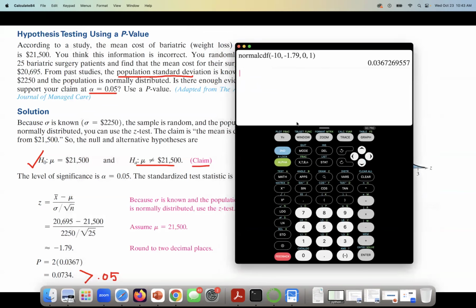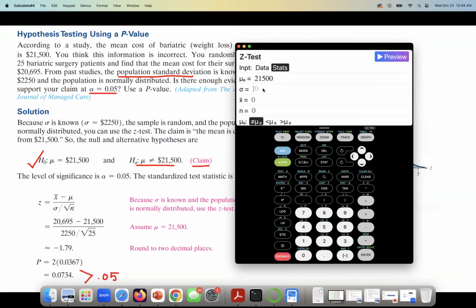Now let me show you how to use your calculator to basically run this test. Go to Stat, go to Tests, and use z-test. Since we don't have the actual data, we're going to use the statistics. The population mean is 21,500.